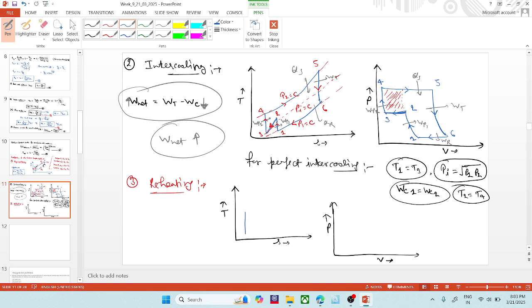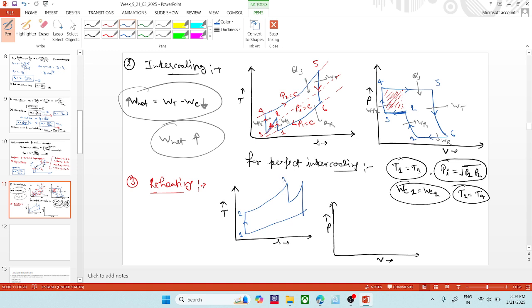Here the air would be compressed in a single stage from 1 to 2. When heat is added, it is expanded in one turbine, then heat is again added, then it is expanded in the second turbine, then the heat is rejected.